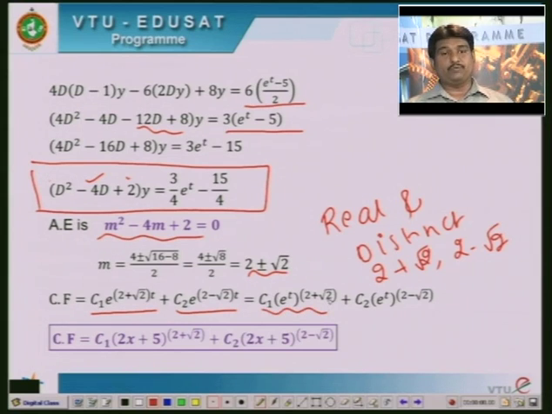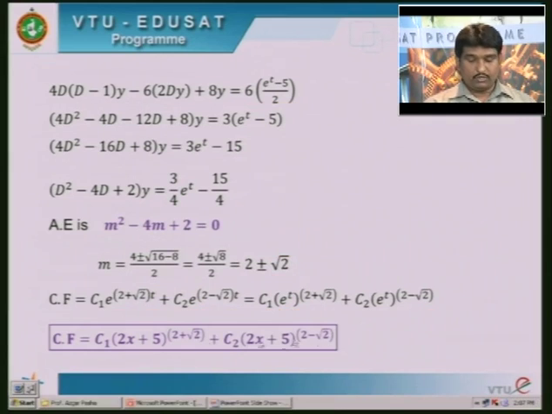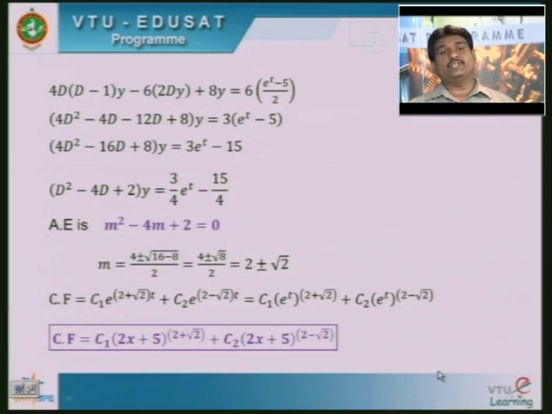You can write e^((2+√2)t) as (e^t)^(2+√2), and e^((2−√2)t) as (e^t)^(2−√2). Now convert t in terms of x using the known substitution. e^t is 2x + 5. So, CF is C1 (2x + 5)^(2+√2) + C2 (2x + 5)^(2−√2).